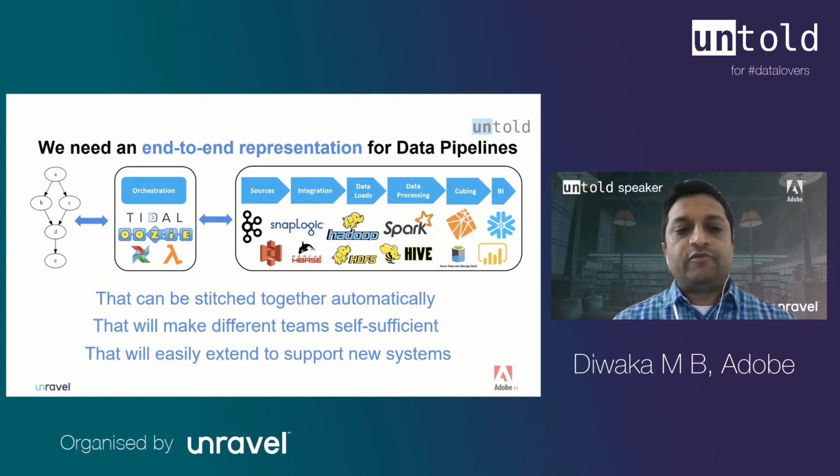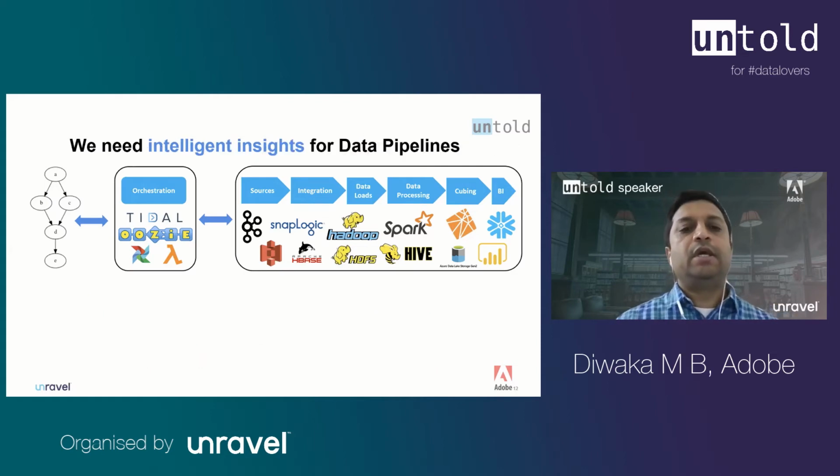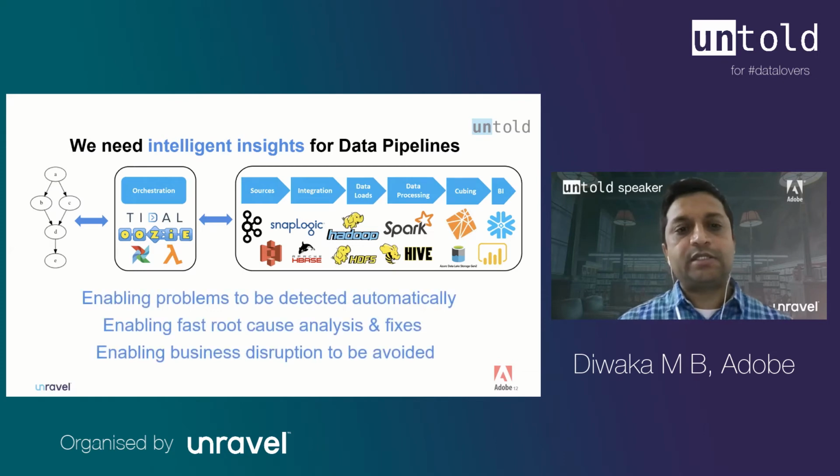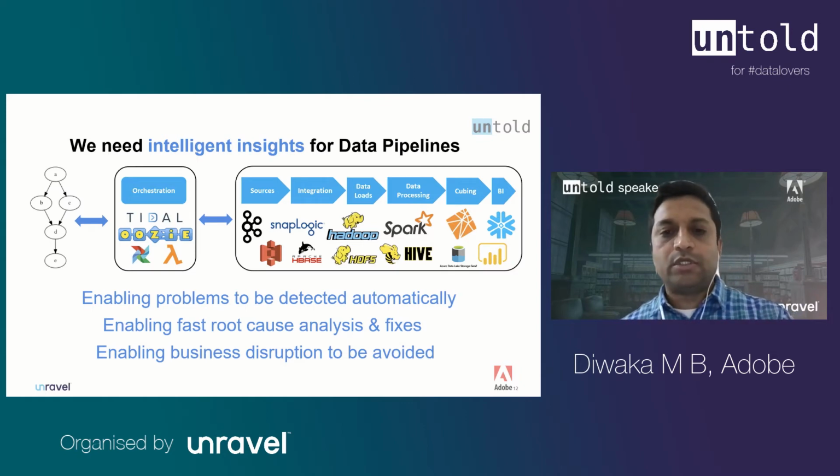So it is very important for the support team to understand the end-to-end representation of the pipelines. As I said, with intelligent insights, very early in the process the problem should be detected, and identifying the root causes should be fast, so that fixes are in place.